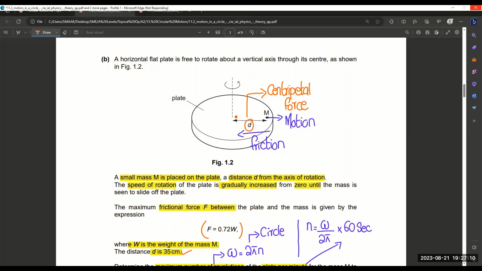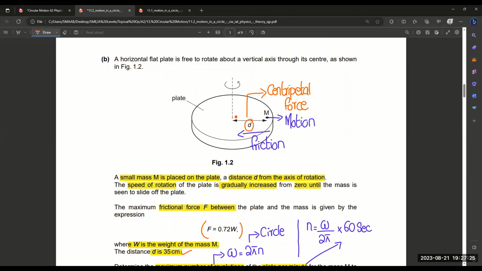And if you consider the next point, that is at the edge, we know that your radius will be maximum, right? So we need to choose the maximum radius, which will be at the edge of the plate, not at the center. Near the center is very short, and this point is greater.